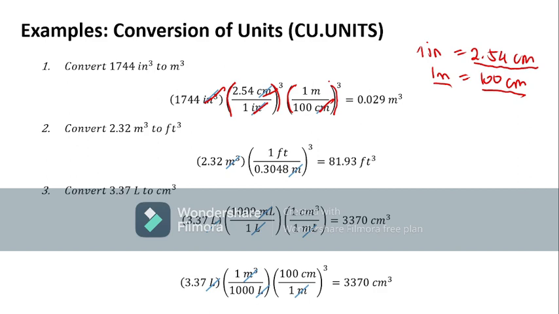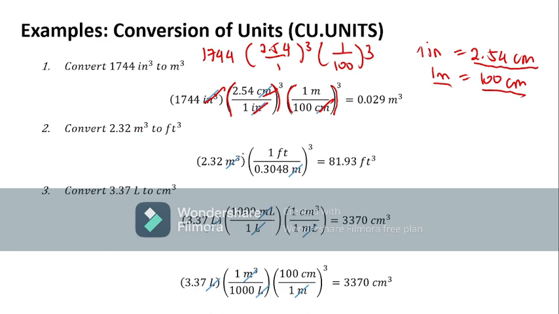So, 1,744 times 2.54 over 1 raised to 3. Then 1 over 100 raised to 3. So, ito yung ilalagay nyo sa calculator. So, we will have 0.029 cubic meters.